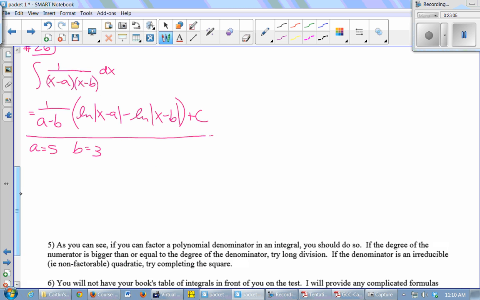So if I plug in 5 and 3 here, I get 1 over 5 minus 3, which is 2. So I have 1/2 times the ln of x minus 5 minus the ln of x minus 3 plus c.